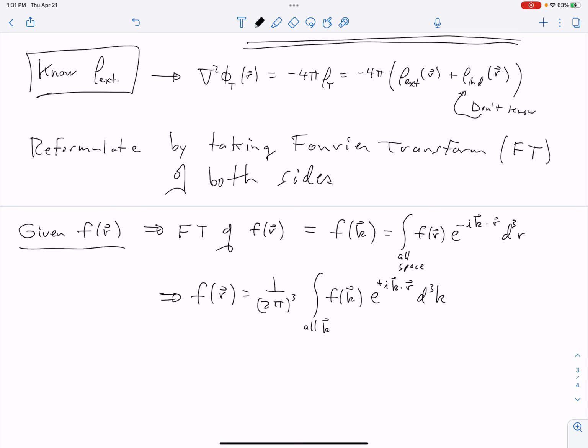That's the definition of Fourier transforms. I know you've seen it before, but this is how we'll use it in this class.